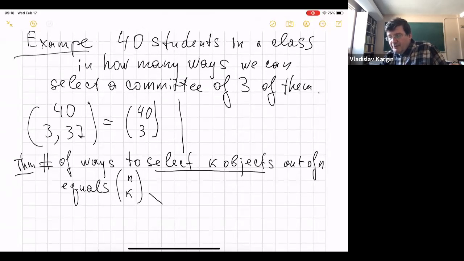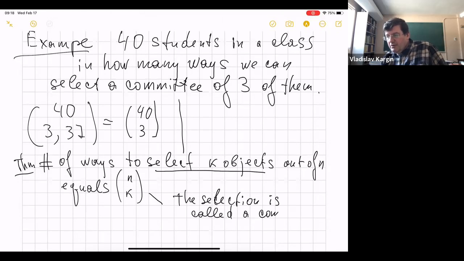In old combinatorics, the selection is called a combination.